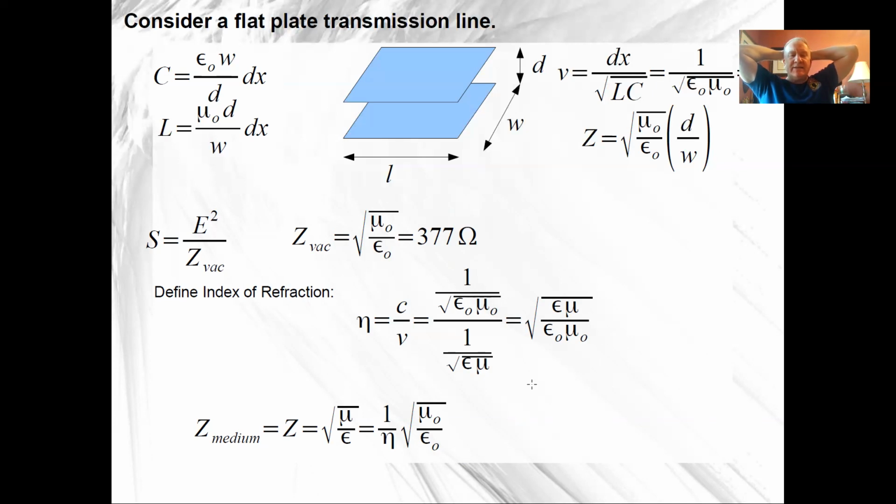So we find that the impedance in a medium is equal to 1 over the index of refraction. And we look up the index of refraction. So for instance, for water, it's about 1.33. And for plastic, it's about 1.5. So the impedance in the medium is 1 over n times the impedance in a vacuum.